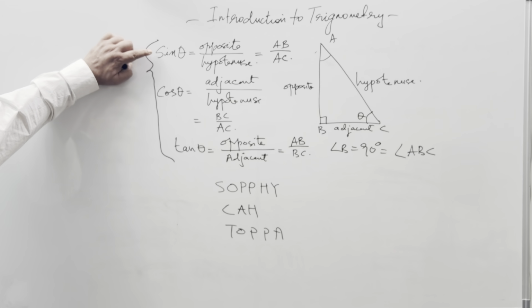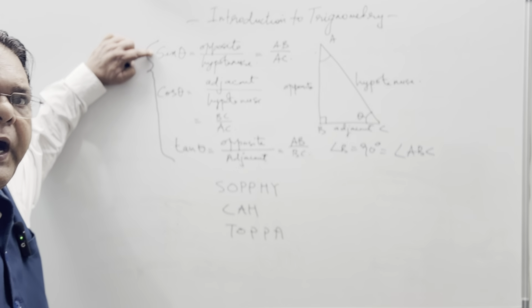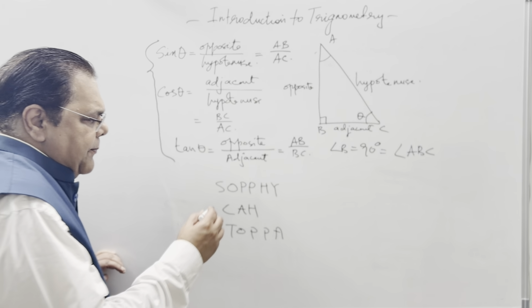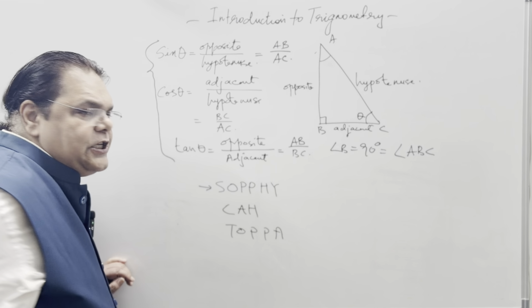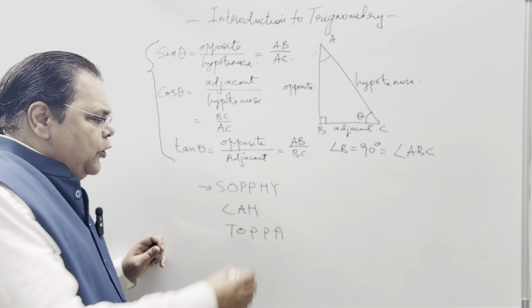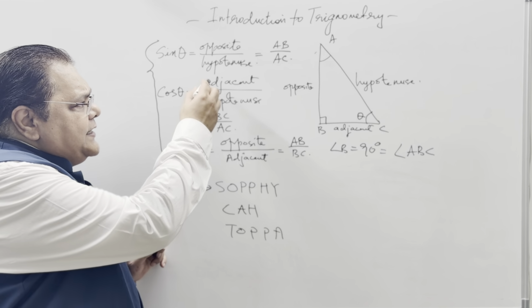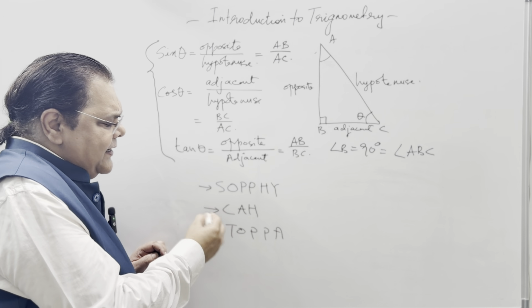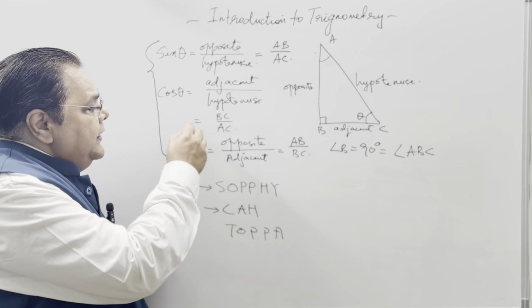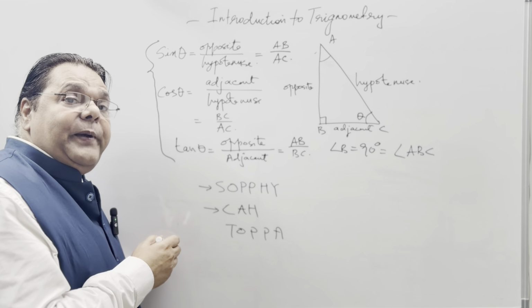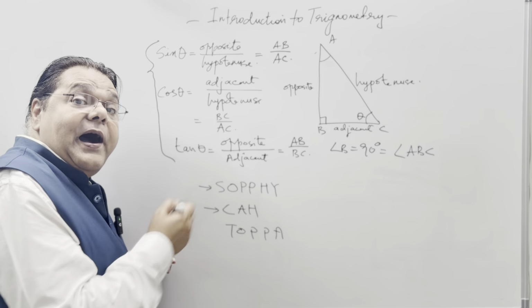To remember sine theta is equal to opposite by hypotenuse, you can remember SOPPHY, Sophie. Or you can remember cos theta is adjacent by hypotenuse as K. Or you can remember tan theta is equal to opposite by adjacent topa.